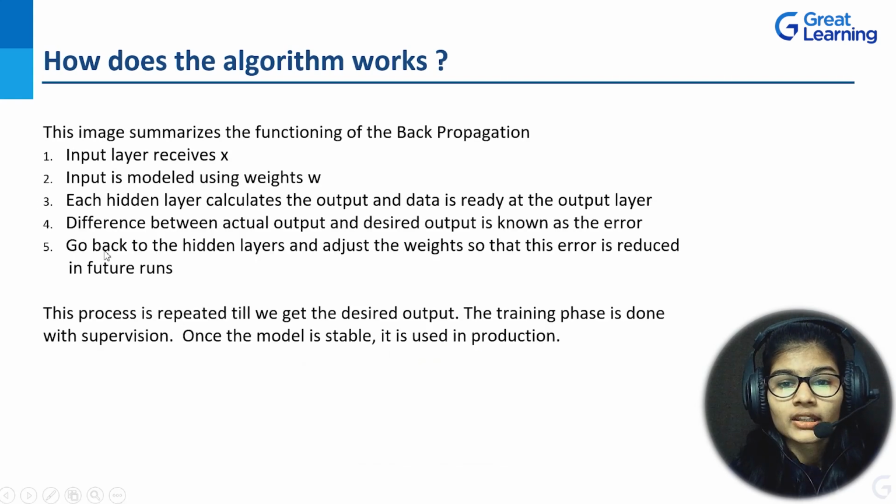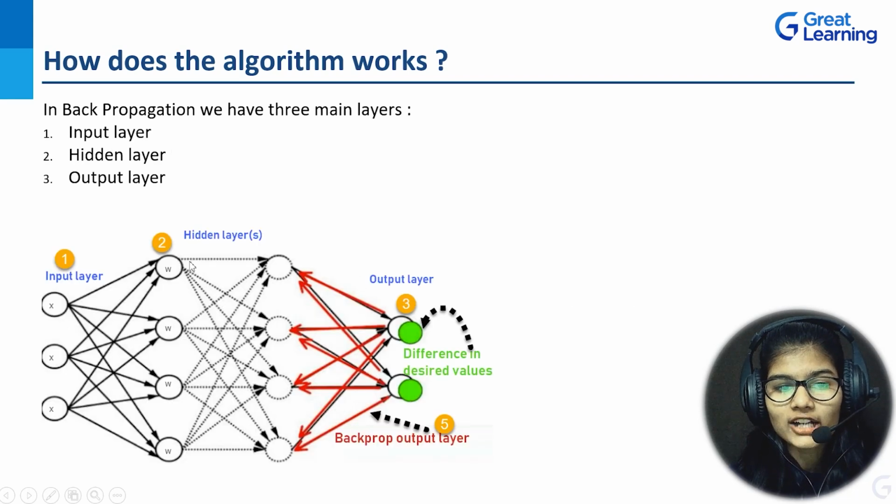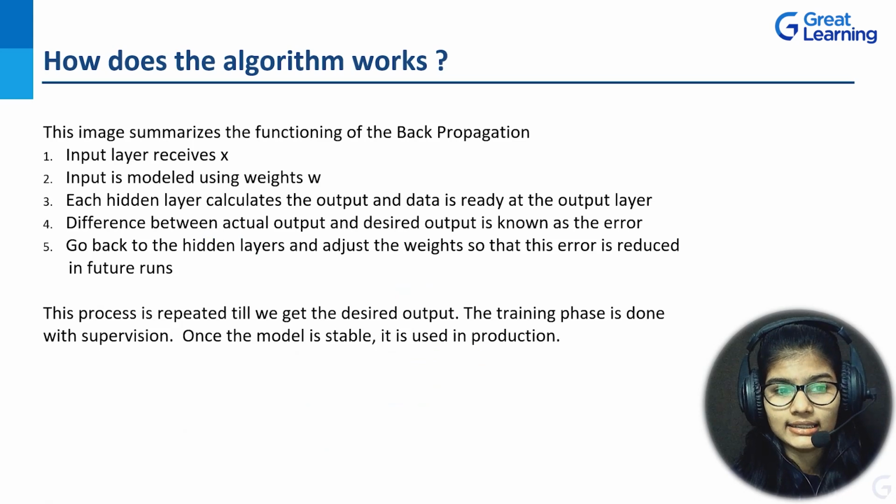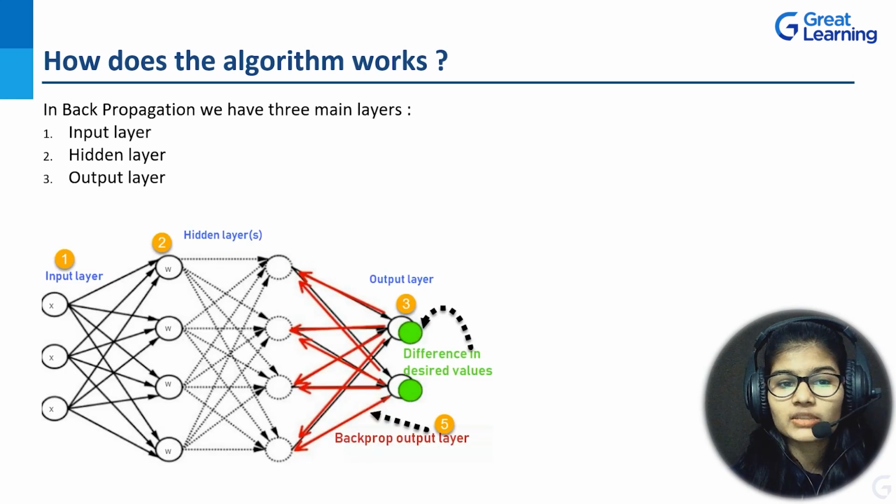Fine. Go back to the hidden layers and adjust the weight so that this error is reduced in future runs. Now, after this, go back to the hidden layers and adjust them using the weights. Why? So that whatever the error is, it is reduced in the further runs. Error means the difference between the actual and the desired output.